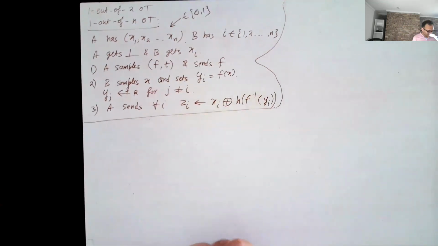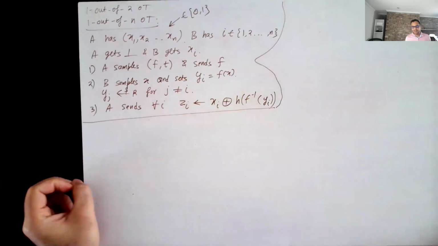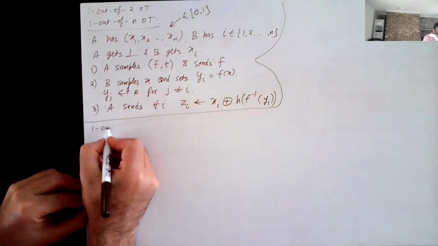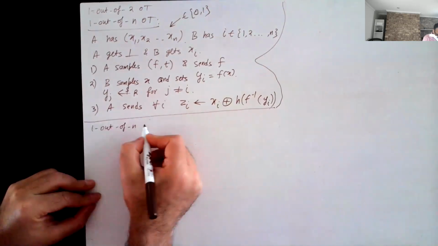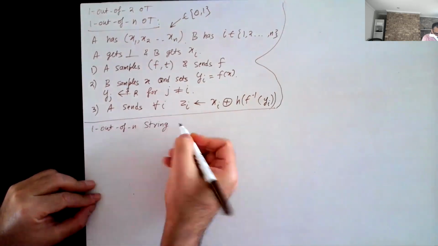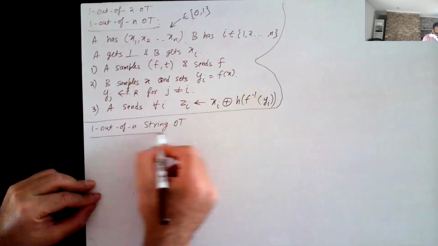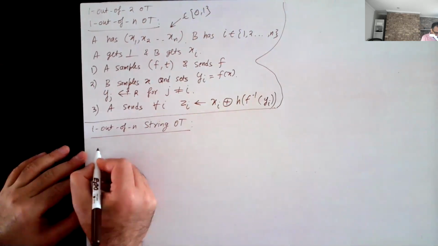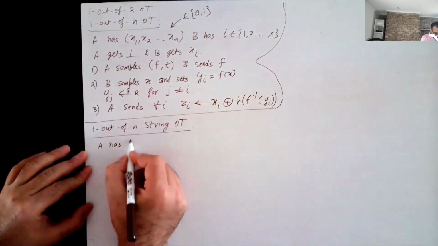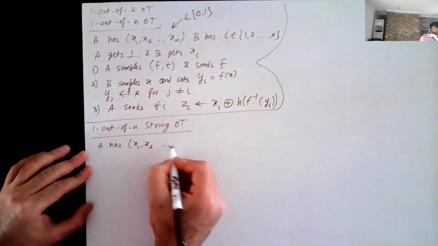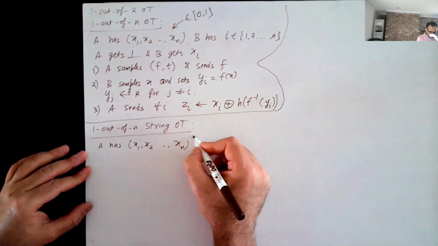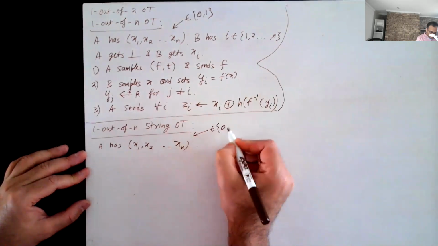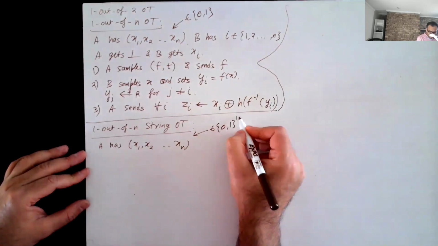So just one more generalization, and we will see something really nice. So far we have only dealt with bit OTs. Let's try to go to string OT, where A has x1, x2 up to xn, where these are elements of {0,1} to the power, let's say some k.